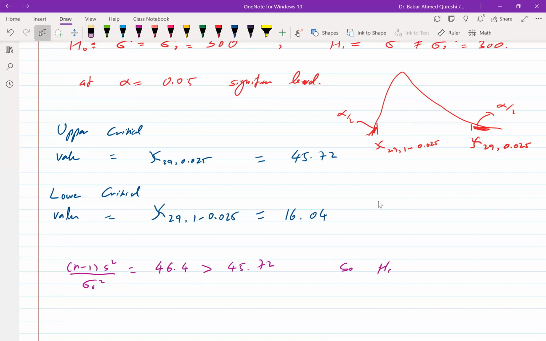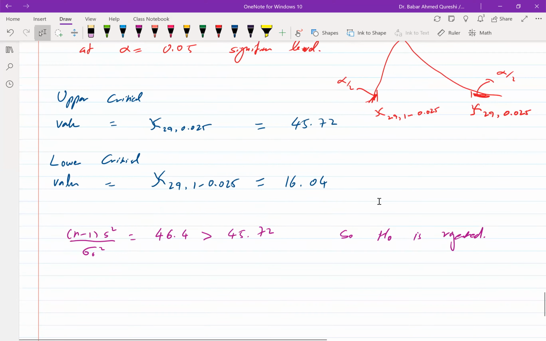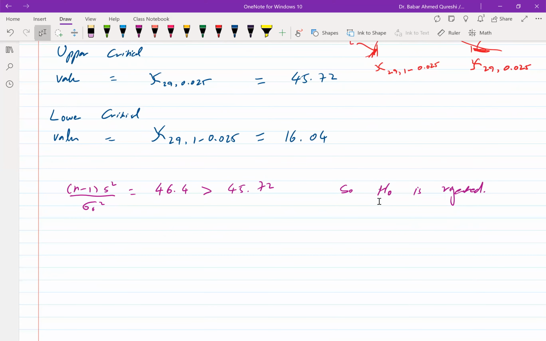So H naught is rejected. The student's variance will change. Our evidence is showing that the variance in the student score is changing under this new TA.